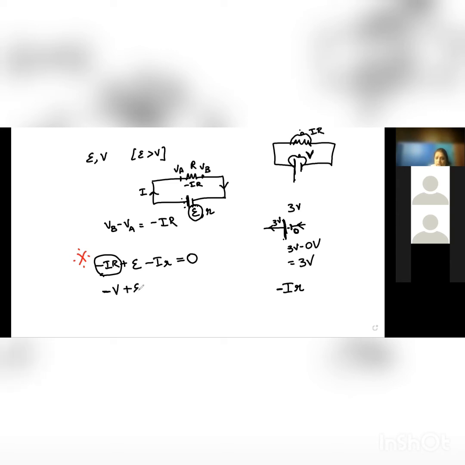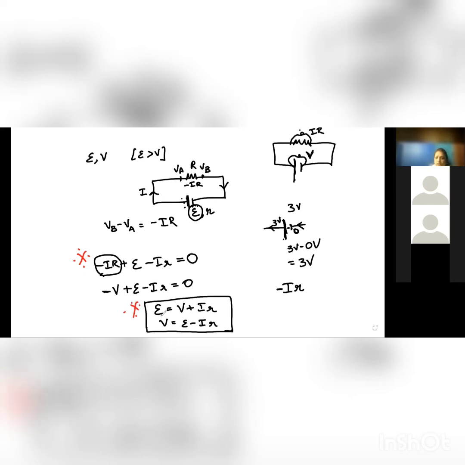Minus V plus epsilon minus Ir is equal to 0. So rearranging the terms, you'll get either epsilon is equal to V plus Ir, or V is equal to epsilon minus Ir. So both these equations are the same, but it depends on the numerical what you're going to get.